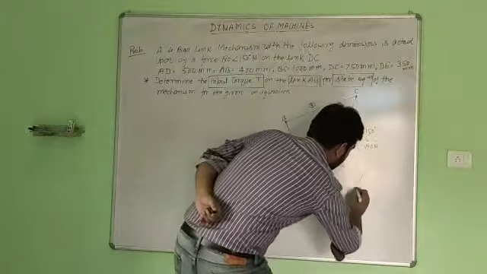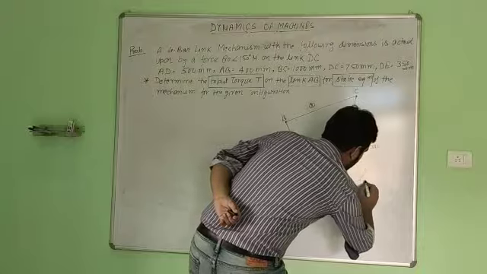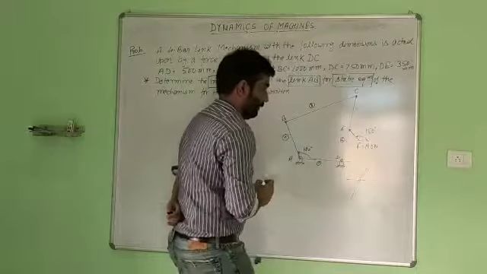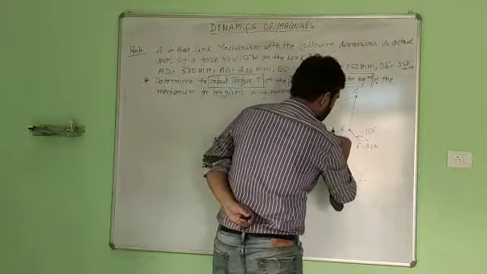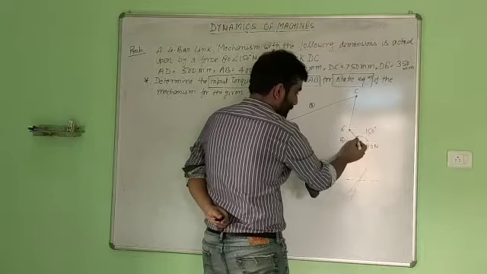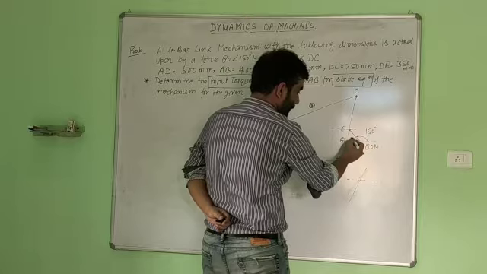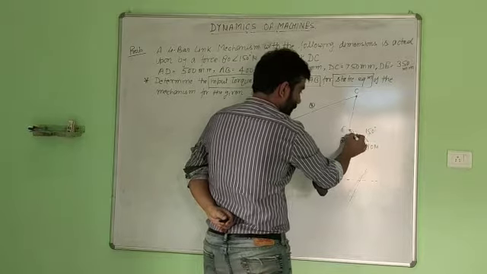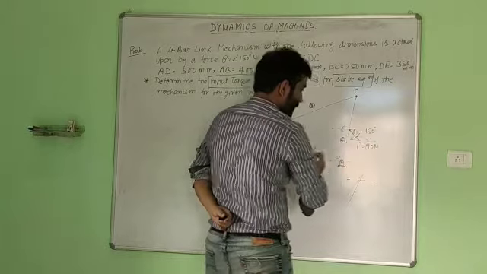Just draw a horizontal line from this point. If this angle is 150, this angle will be 30 degree.